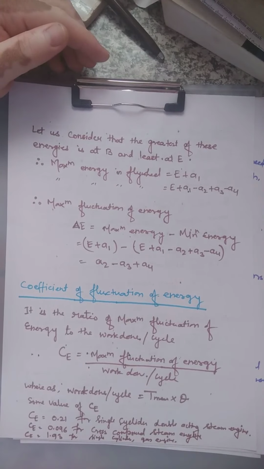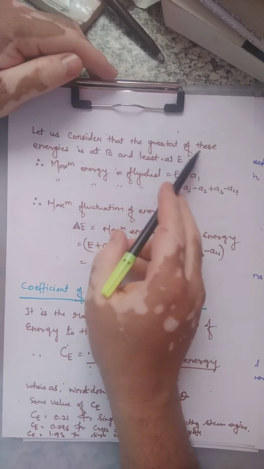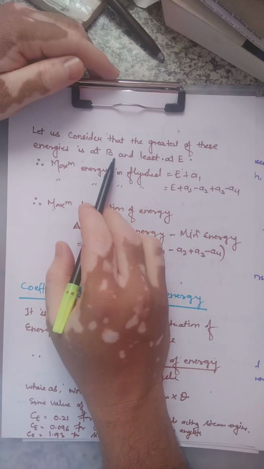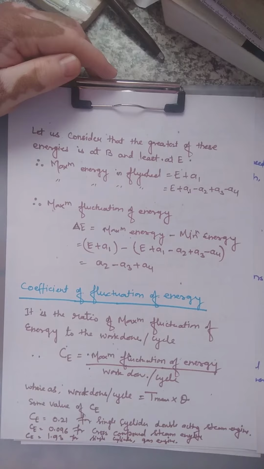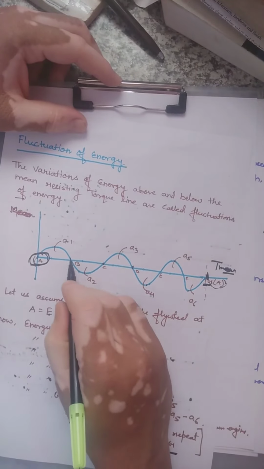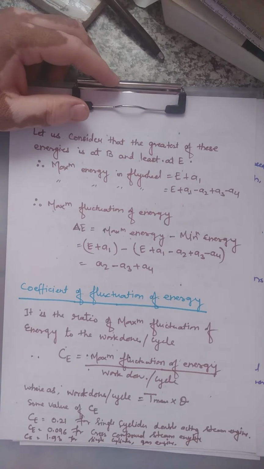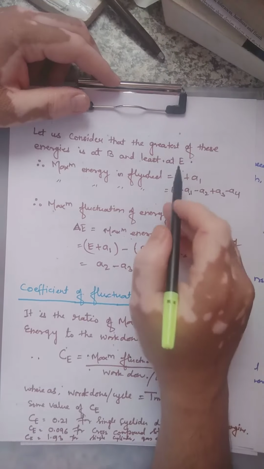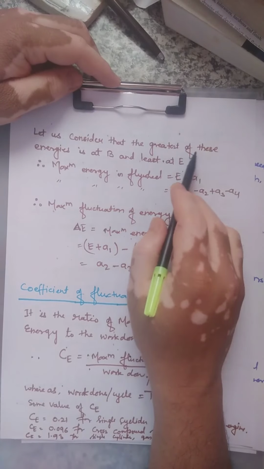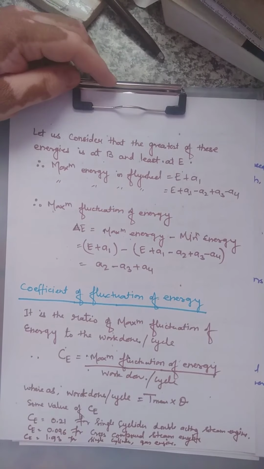Now let us consider that the greatest energy is at B, where the energy is at maximum, that is, very high, and the least energy is at E, the lowest energy.